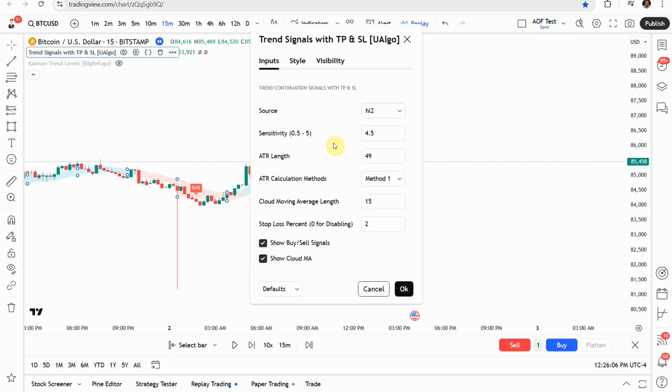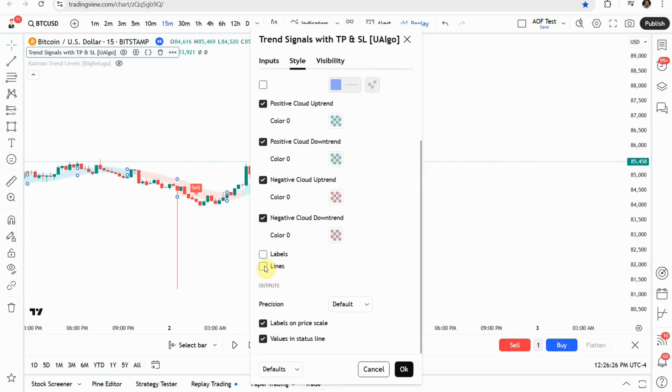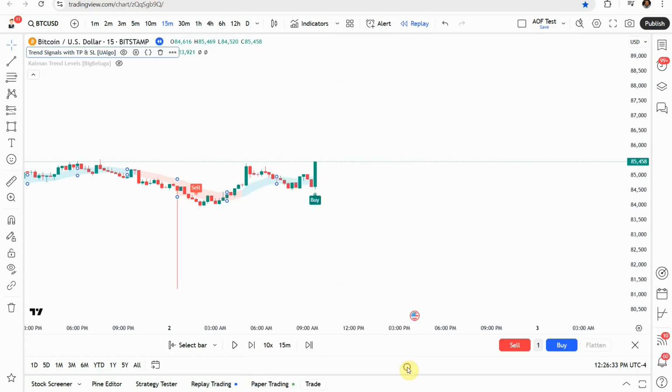What we're going to do is change the sensitivity level here to 4.5, the ATR to 49, and the cloud moving average to 15. You can then jump into the settings, and I unchecked this selection right here and these two selections right here and bumped up the opacity of these two buy and sell tags. Then go ahead and click OK.